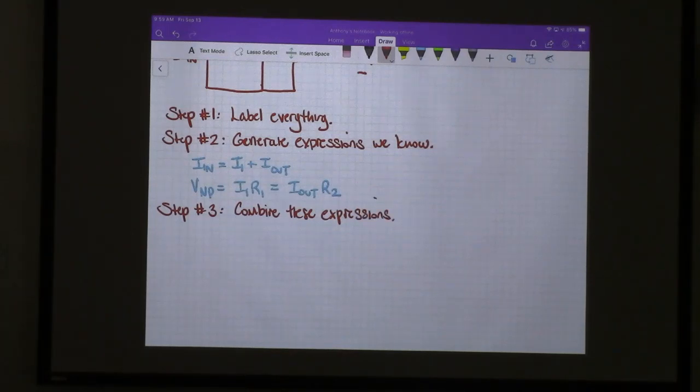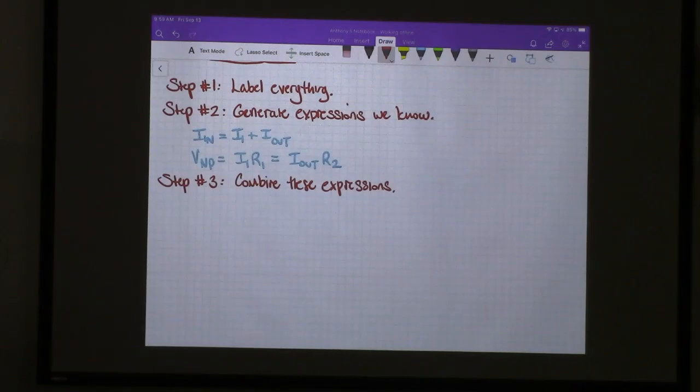And this one should be pretty easy. So we want to generate an expression that's in terms of I in or in terms of I out, right? Essentially, we're trying to get I out over I in. So let's combine these two expressions together.